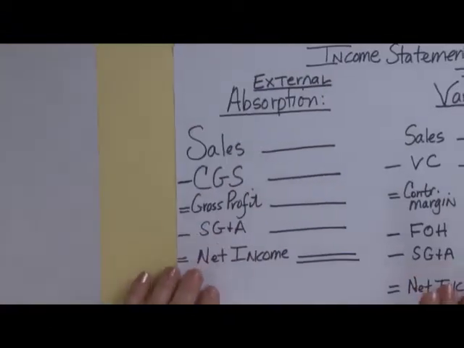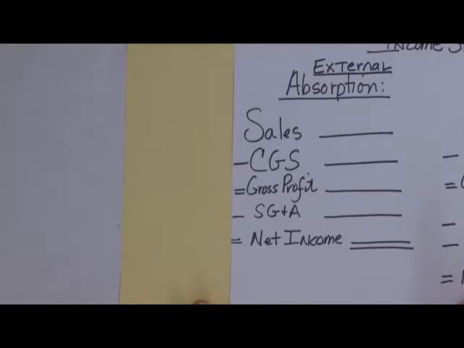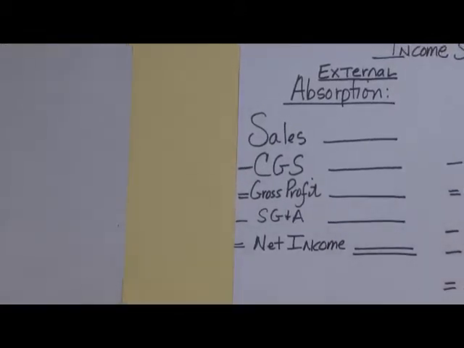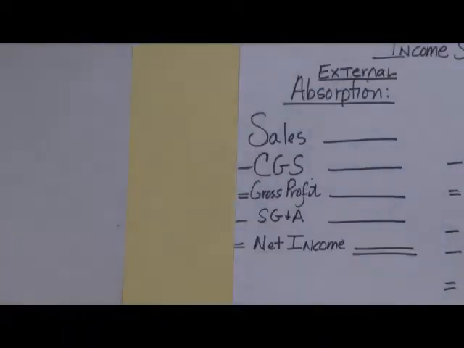All right, so what we can do now is put together an income statement for each of these. We'll start with absorption, and we will look at a full income statement using the cost information that you had here under absorption costing.